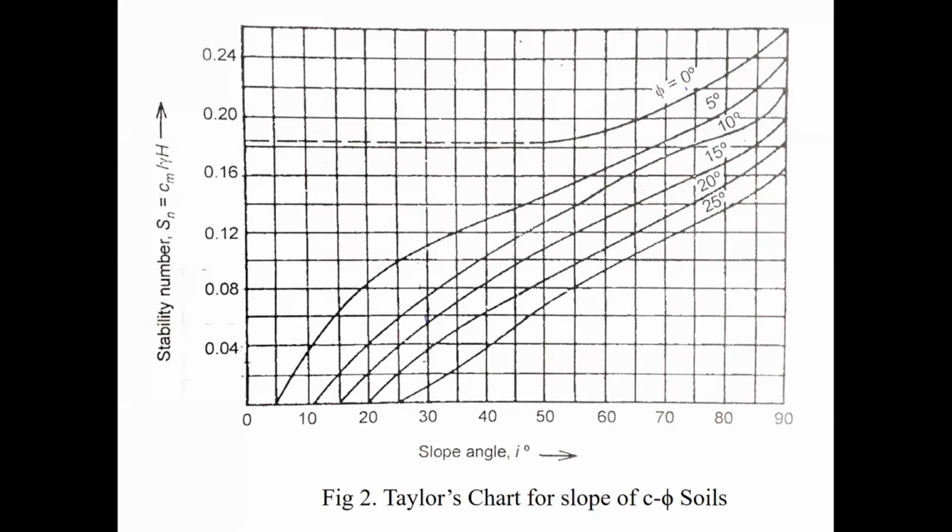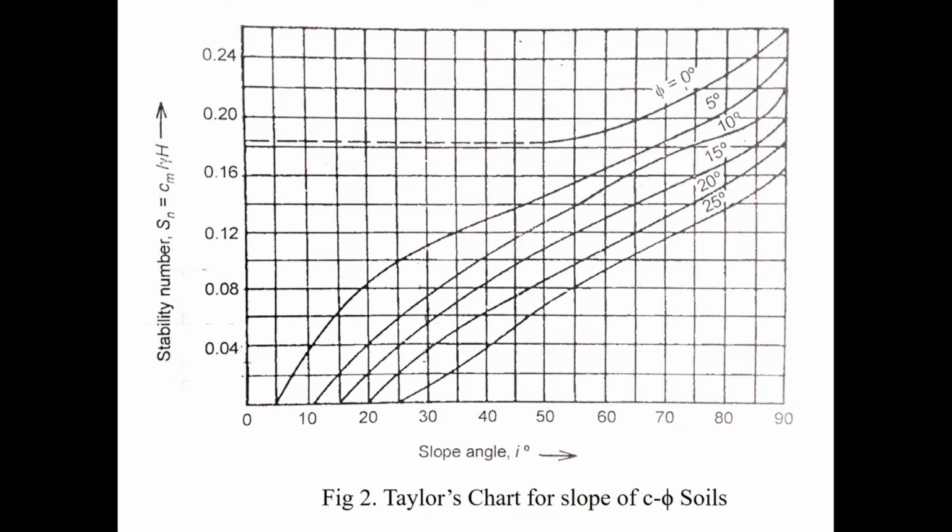Or maybe sometimes the cohesion fails and sometimes the phi fails, right? So now you assume, earlier we saw that for the given conditions, my slope is safe with respect to cohesion, right? Now, assuming a factor of safety with respect to internal friction, Fphi, assume 1.5, and for that you find out how much of the friction is mobilized.